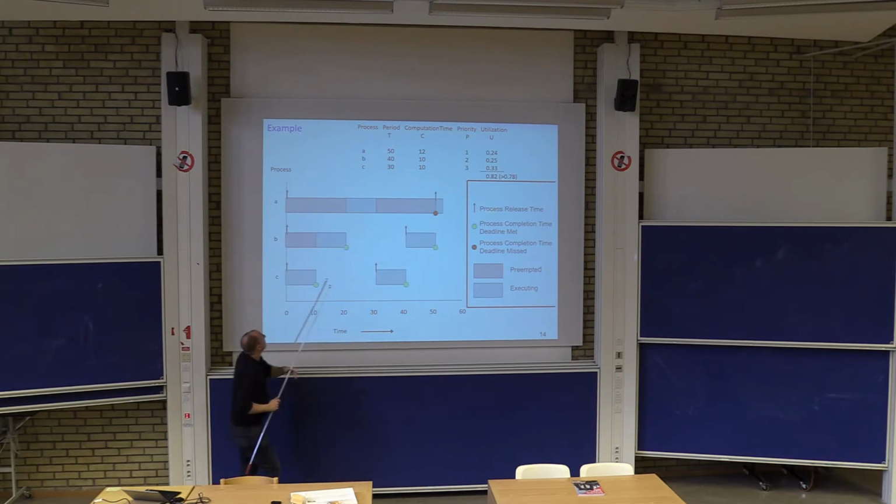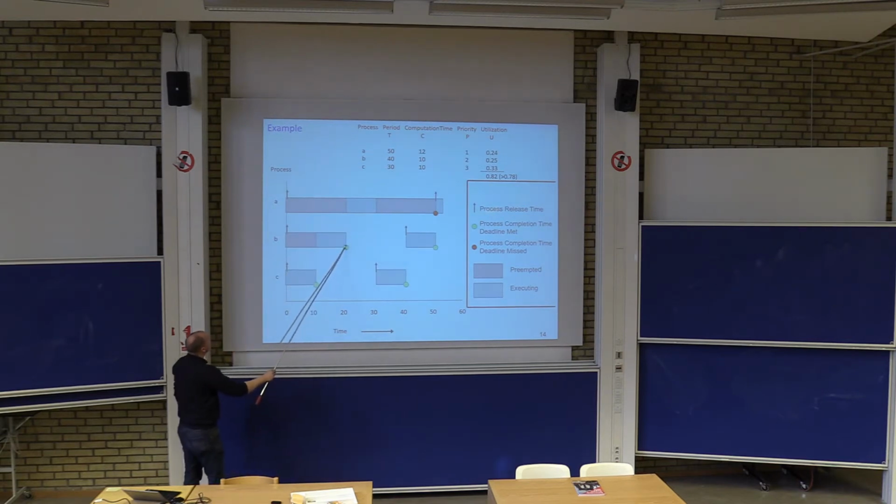Okay. So task C is done here, so then it will be the process with the highest priority among those that are ready to execute. So that will be task B and A. And task B has higher priority, so it will start to execute now. And it will execute for another 10 time units, and then it will block.